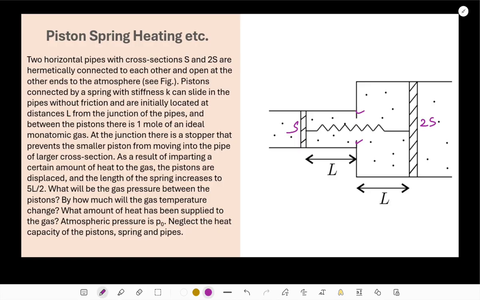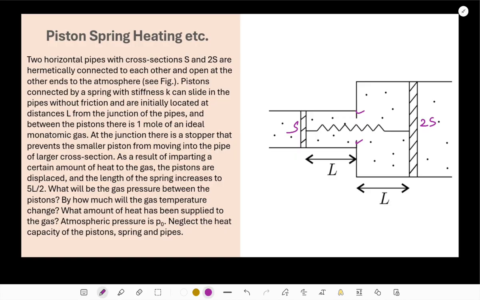Oh, this is certainly the junction because they are equidistant at the distance L from that particular junction. And between the pistons there is 1 mole of an ideal monoatomic gas. That's right. N is equal to 1.